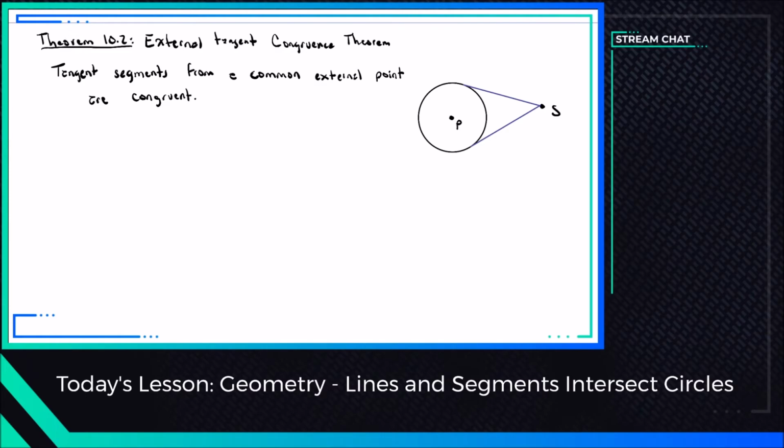Since they're both originating from the same point S here, they have to be congruent to one another. You can see that if we were to join these two with a chord, that would form an isosceles triangle. So RS is congruent to ST because of that theorem.